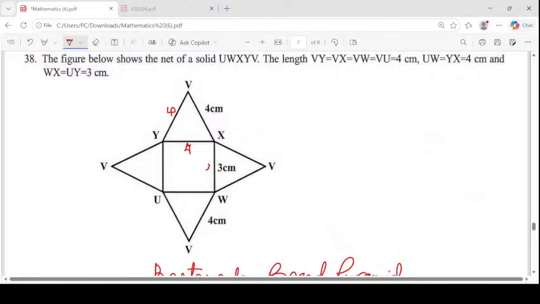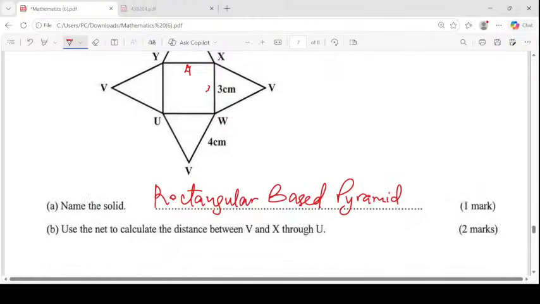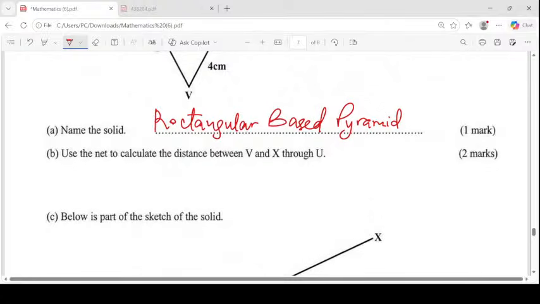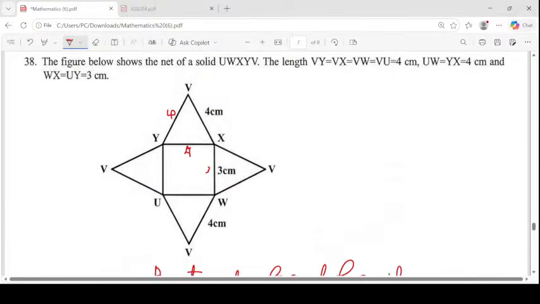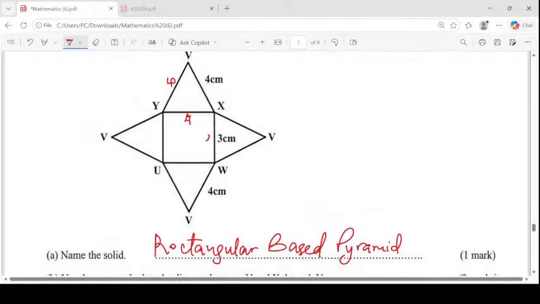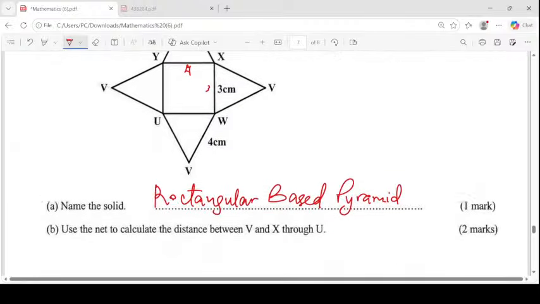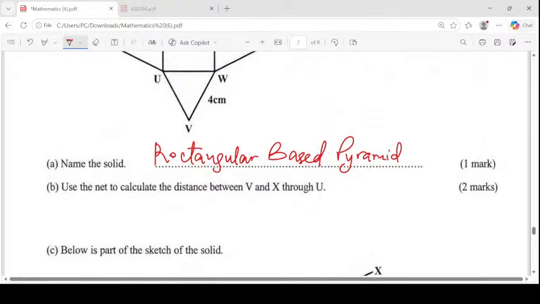Maybe before we work it out, let me answer this other part. Below is a sketch of the solid. No, okay. Let me have the solid first drawn. When I draw this, I'm going to have a figure like this.